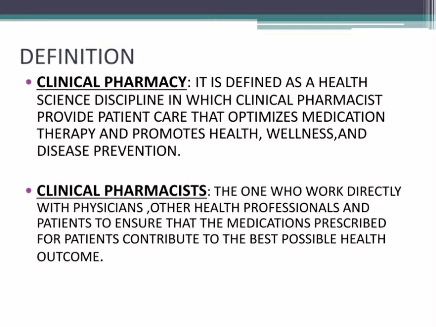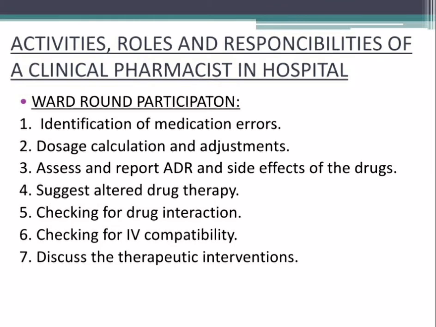There are various activities that we carry out to optimize the therapy, that is, to see that the best possible health outcome is reached by whatever therapy is given to the patient. The first activity is ward round participation. Ward round participation we mainly do for identification of medication errors. That means the choice of drug is monitored, and whether the correct route of administration, right frequency and duration of therapy are used or not.